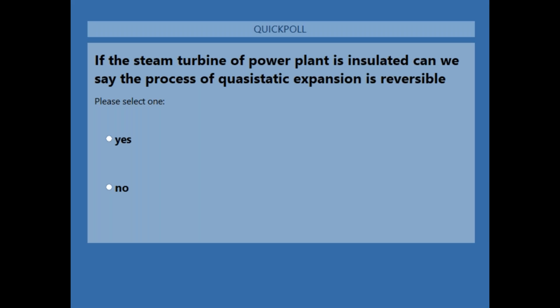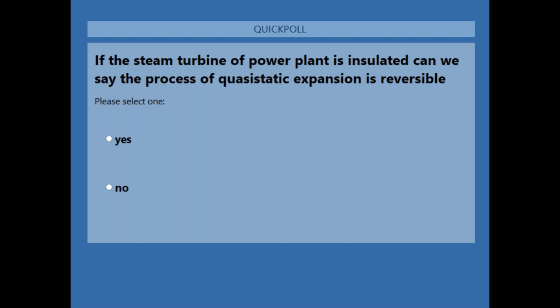The question is, we are talking about a steam turbine of the power plant, as the schematic was drawn to you. And the question is, if the steam turbine of the power plant is insulated, there is no heat loss, so the quasi-static expansion is reversible.